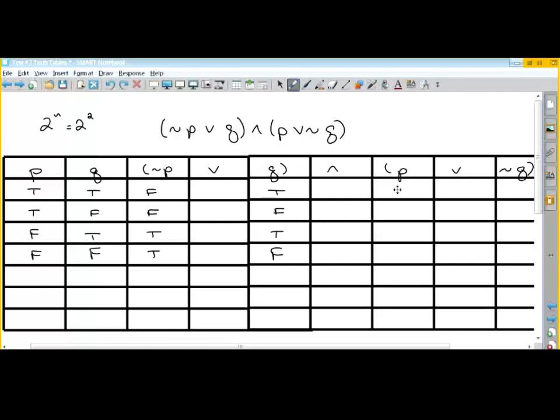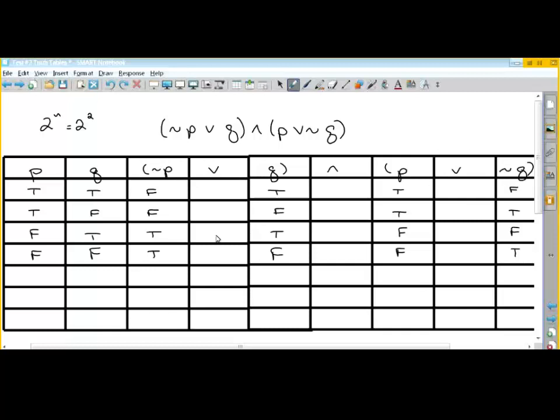Here I have P, not negation of P, so I do exactly what's in the P column to the left: true, true, false, false. And then finally I have the negation of Q, so I go to the Q column. That's true, false, true, false. So the negation would be false, true, false, true. Okay.